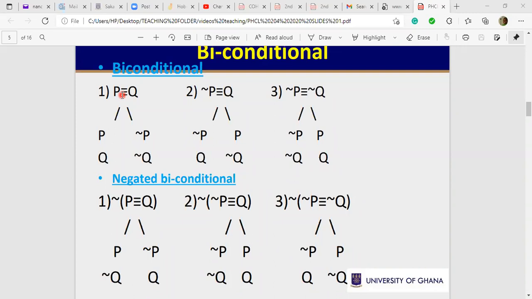But for a biconditional, it will only be true when the 2 alternatives have the same truth value. In other words, when they are true together, the whole thing will be true. Or when they are false together, it will also be true.